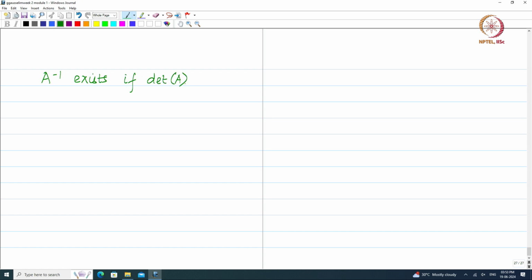This implies that for a rectangular matrix, wide or tall, the determinant is not defined, meaning the matrix inverse is also not defined. You will see in the next lecture by Professor Arul Alan the importance of the inverse of a matrix. Let us now go ahead with properties of inverses.